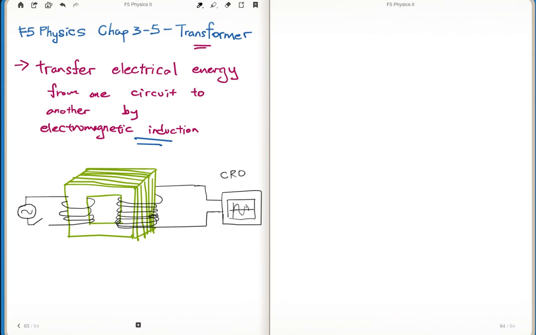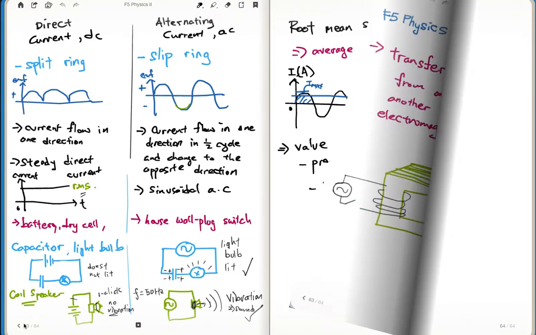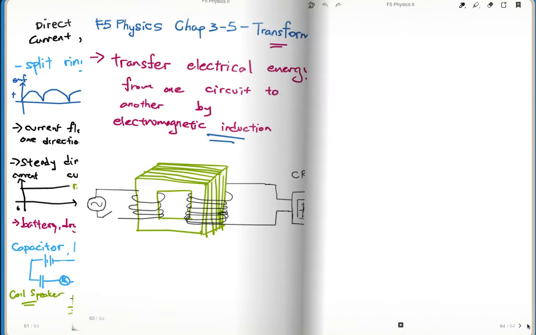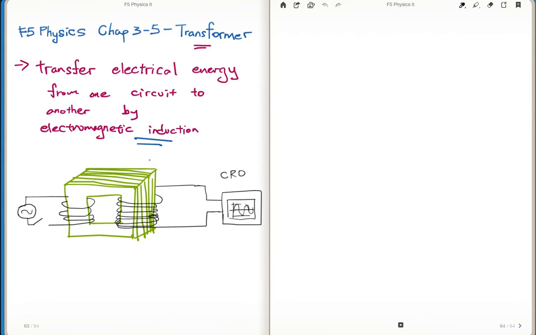Then the amplitude is what you get. From the amplitude, you're able to calculate the RMS value. That's what you have learned previously: you use the maximum voltage, divide by root 2, and you get the RMS value. So here we are going to this part, the transformer.